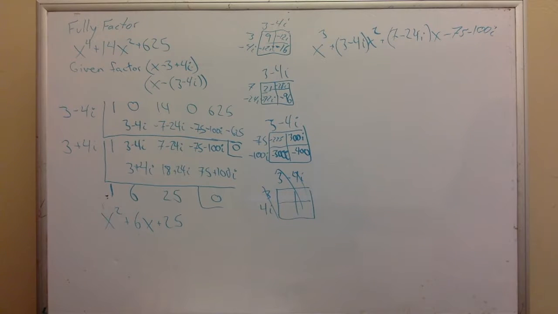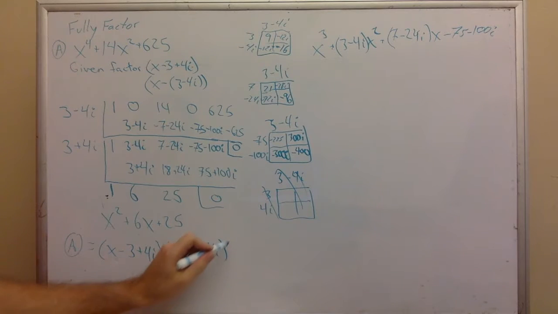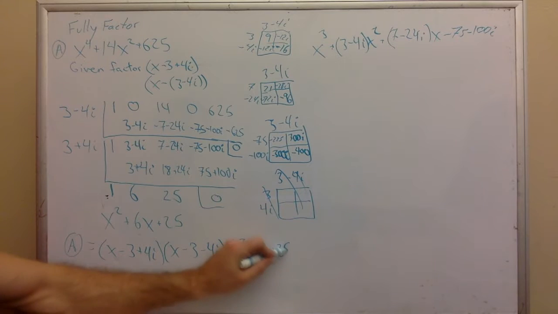And I can use, now that I have this, so far, I know that this original piece here, I'll call A, I know that A is equal to x minus 3 plus 4i times x minus 3 minus 4i, that's if I distribute that negative, times x squared plus 6x plus 25.